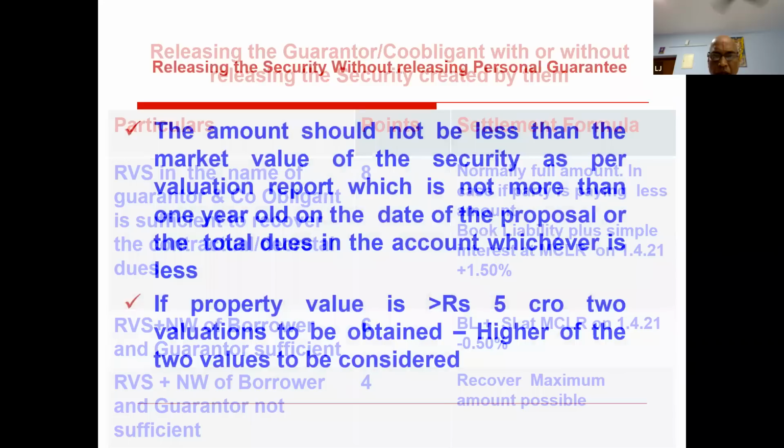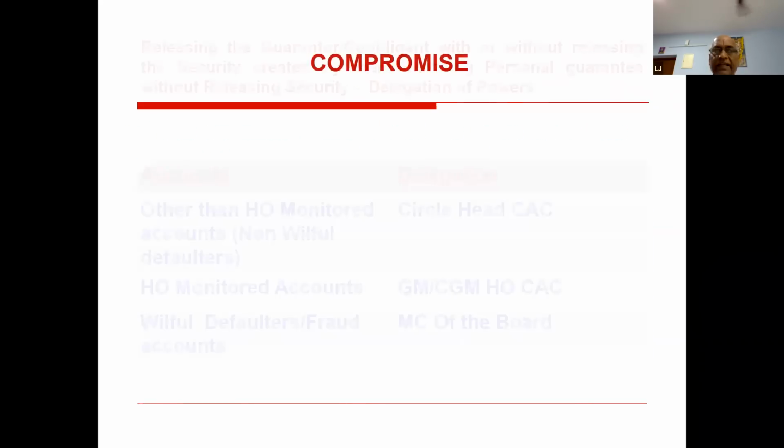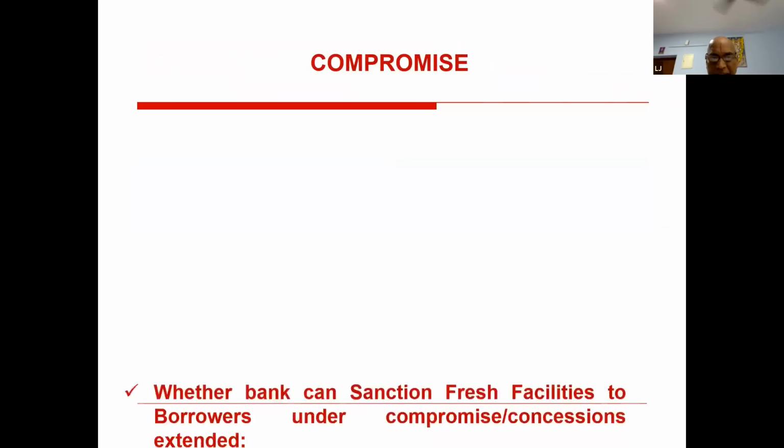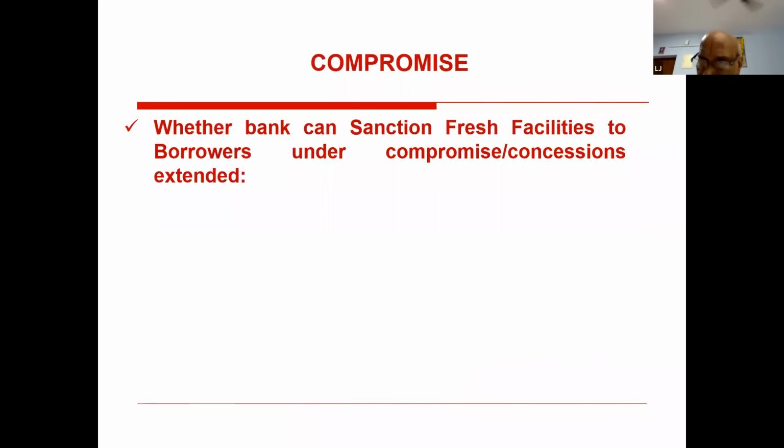Then the next question is whether the bank can sanction fresh facilities to borrowers under compromise concessions extended. So you have settled a loan account under OTS, and the borrower is coming for a fresh loan. Whether you can sanction the loan.